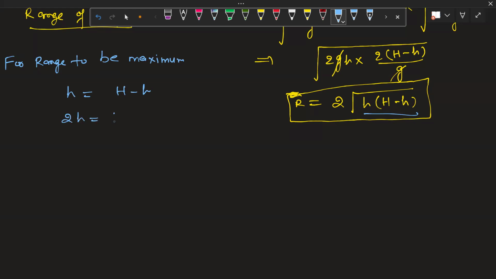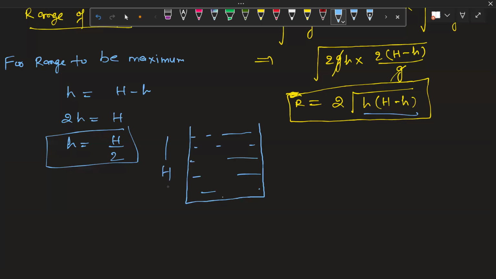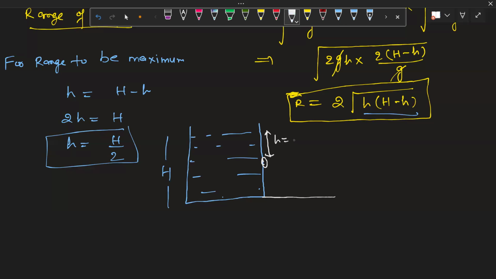That means 2h should be H, so h will be half of H. It means the orifice should be exactly at the midpoint of the height above the ground. If the height is H, then the orifice should be exactly at the midpoint. In that case, if I write small h equal to H by 2, the liquid will go to the maximum range.